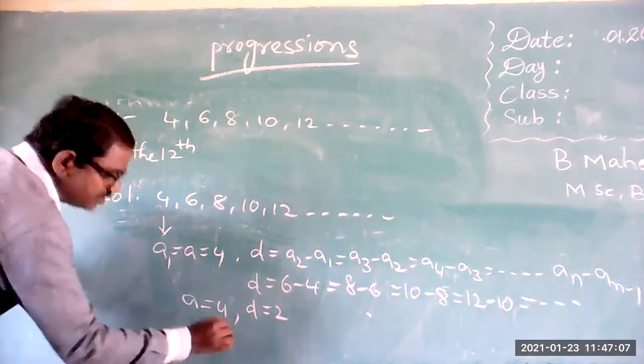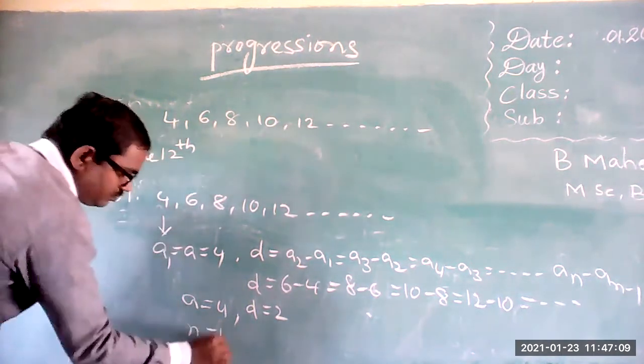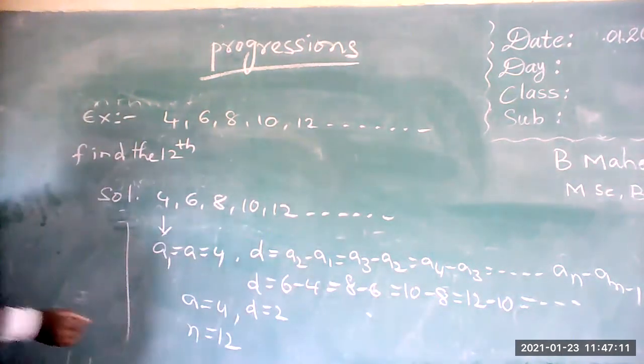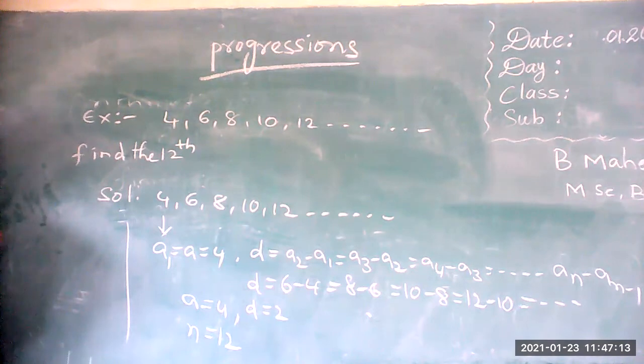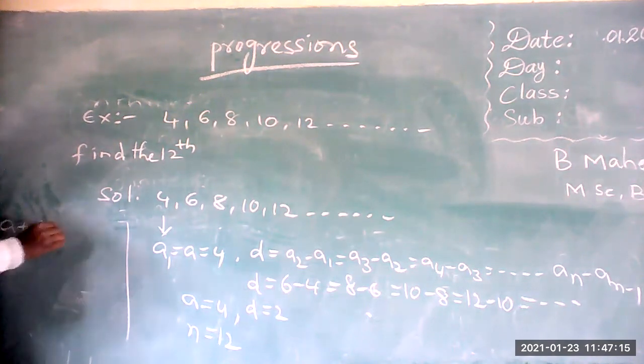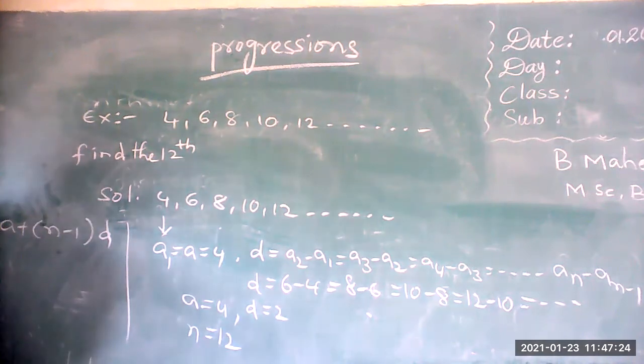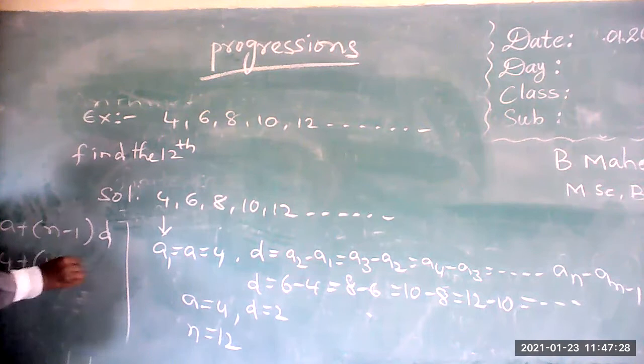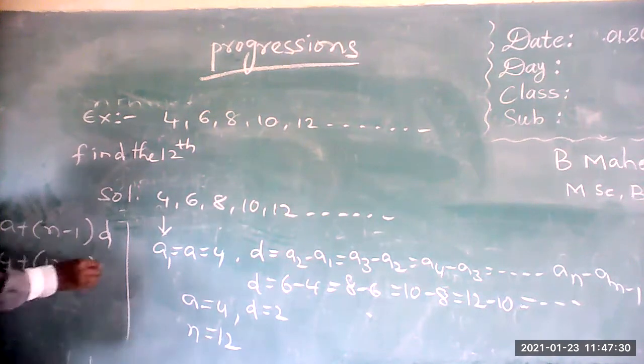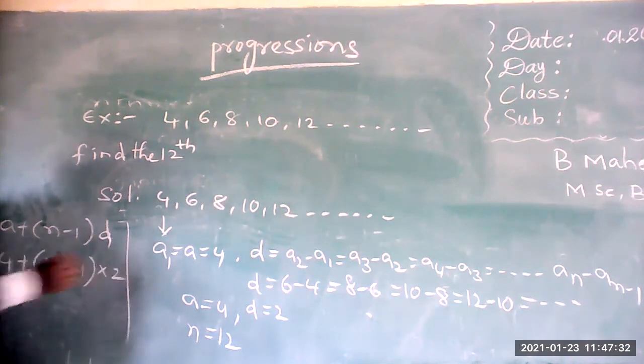So the number of terms is 12. The nth term of an AP, An is equal to A plus (N minus 1) into D. Substitute here: N value is 12, A value is 4, D is 2.